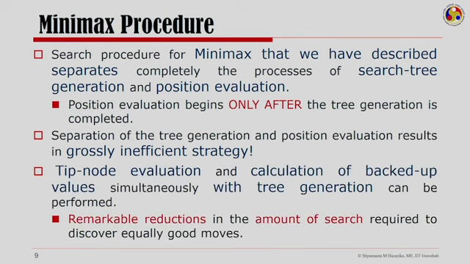So is there some way in which tip node evaluation and calculation of backed up values can be done simultaneously with tree generation? If this could be done, we could have remarkable reductions in the amount of search required to discover equally good nodes. So this is exactly what we look for in this layering on Minimax that we are talking of, and that amounts sometimes to many orders of magnitude reduction in the amount of search.